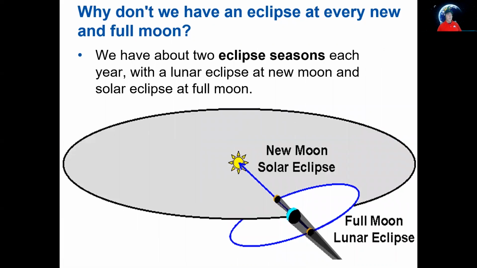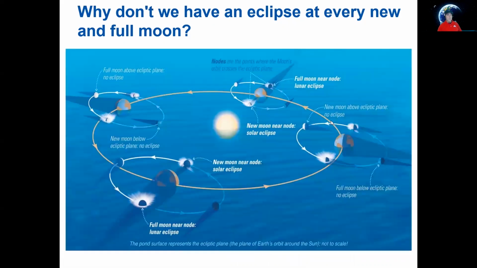Because of the predictable orbit of the moon around Earth and Earth around the sun, we have about 2 eclipse seasons each year, with a lunar eclipse at the full moon and a solar eclipse at the new moon. This figure shows the interactions between the orbital paths of Earth, the moon, and the sun during the eclipse seasons.